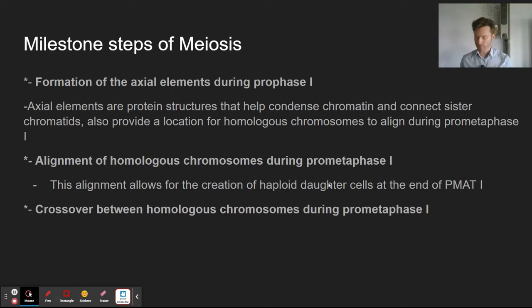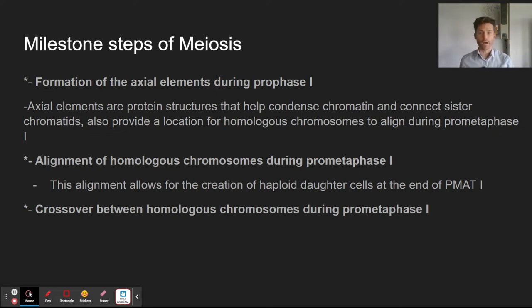So just a quick run through of the milestone steps of meiosis. These are some of the important phases that are occurring along the way. At the very beginning of meiosis, we have prophase I. So PMAT: prophase, metaphase, anaphase, telophase. Prophase I is the first prophase that we're going to be doing.